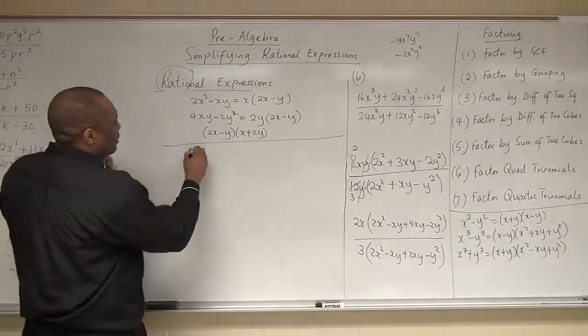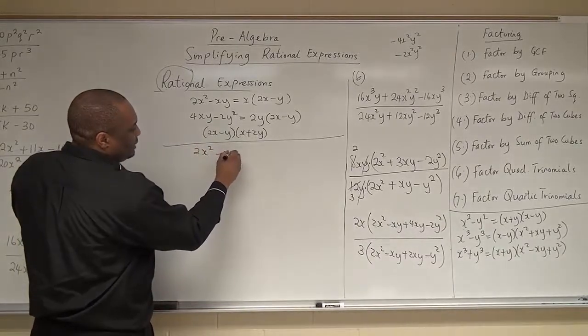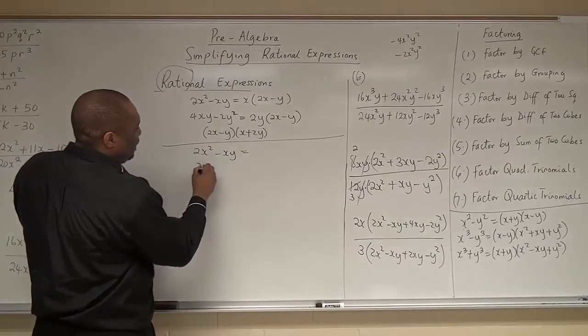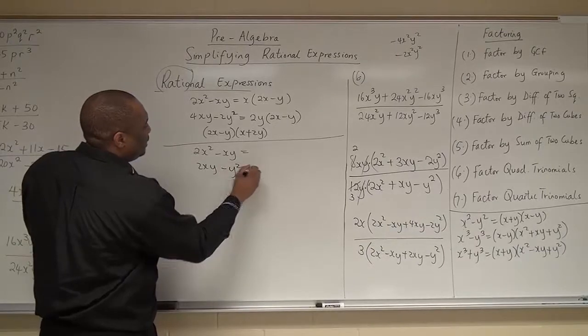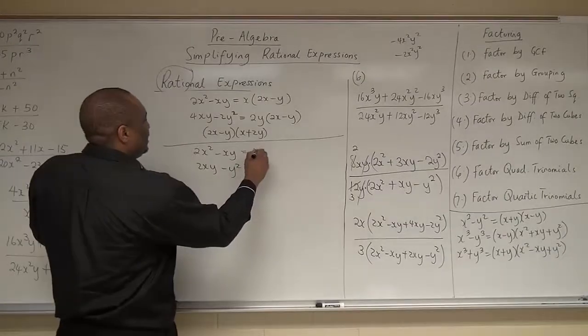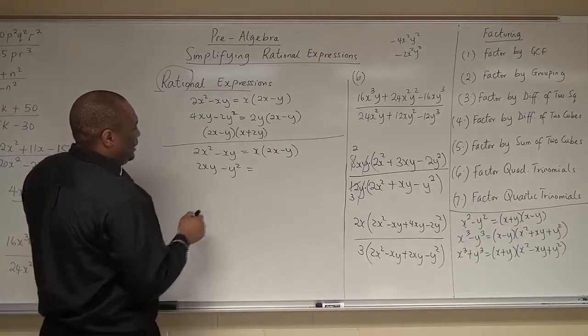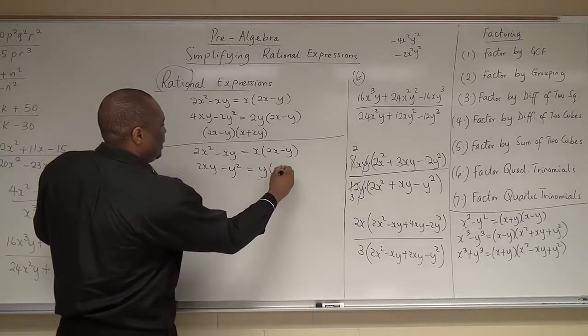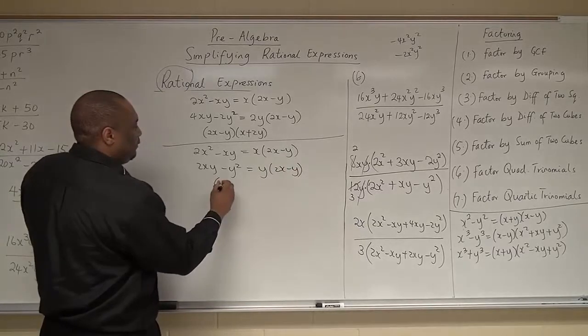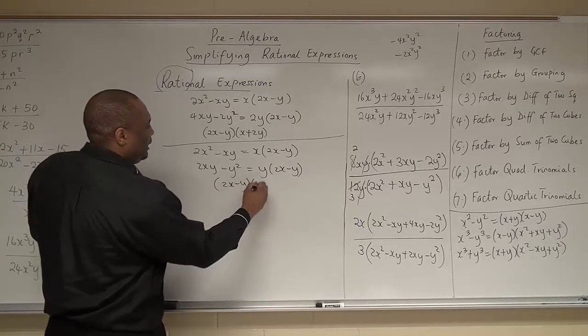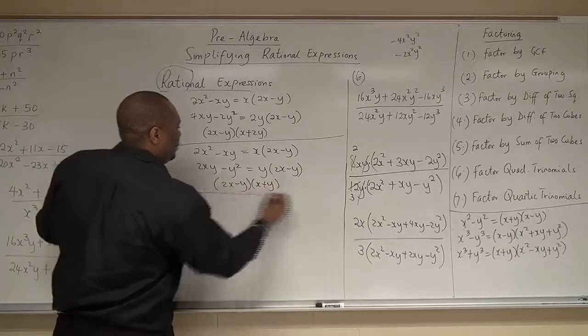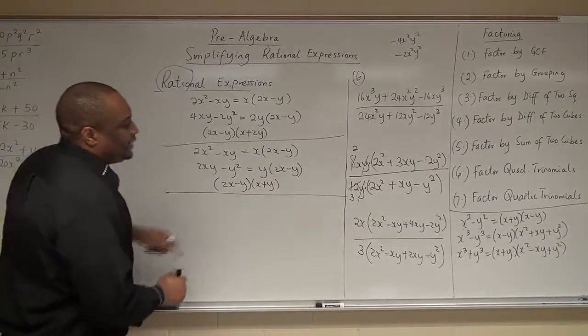For the denominator, you have 2x squared minus xy, and you have 2xy minus y squared. GCF here is x, you have 2x minus y, and GCF here is y, and you have 2x minus y. So you have 2x minus y, and then x plus y. Okay? So let's finish this.